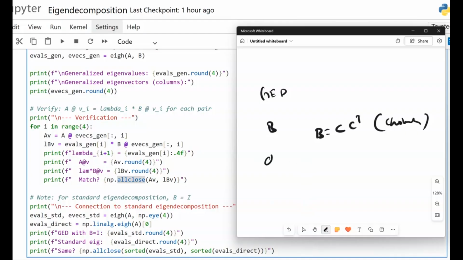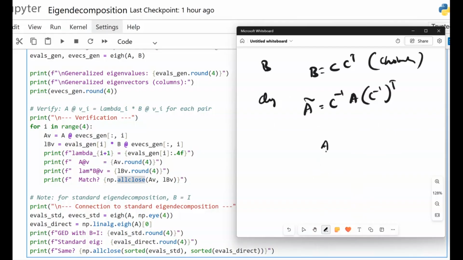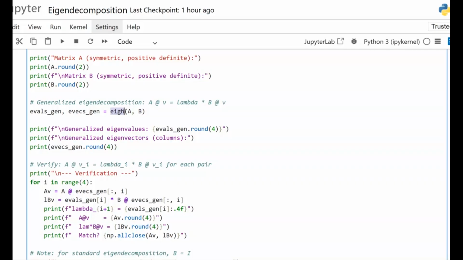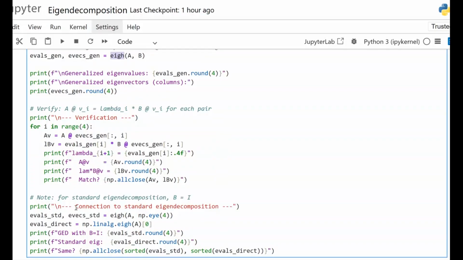Then we define A tilde, that is C inverse times A times C inverse transpose, and we solve A tilde times U equals lambda U, and recover V equals C inverse transpose times U. Of course, eigh performs this transformation internally. Kindly observe, dear friends, it has a connection to standard eigendecomposition by using eigh.